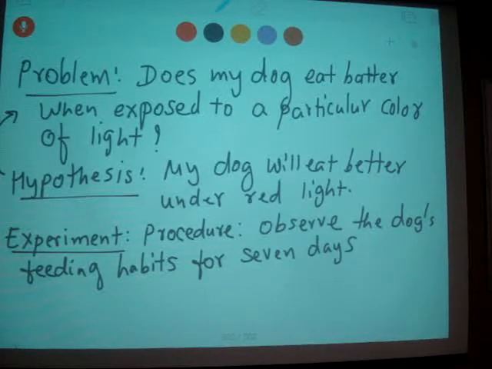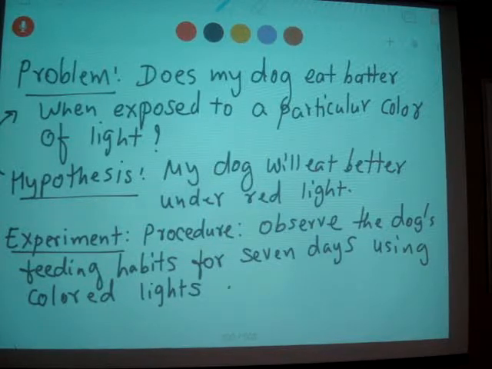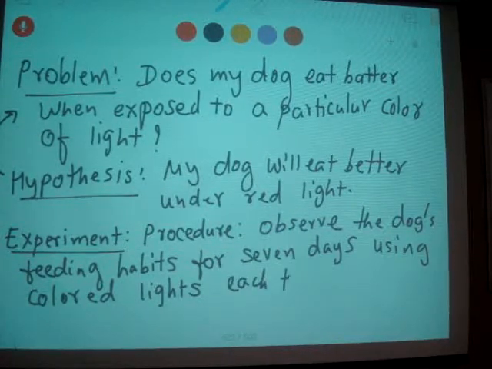So that's what they did. And what they did? Using colored light each time. Different colors of lights each time. So that's their procedure.